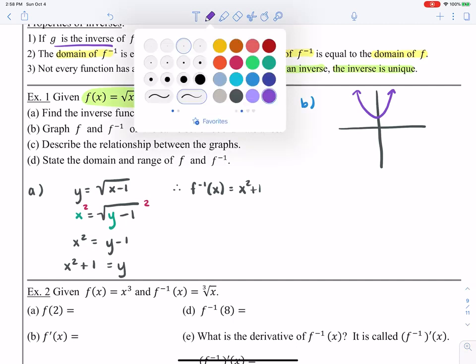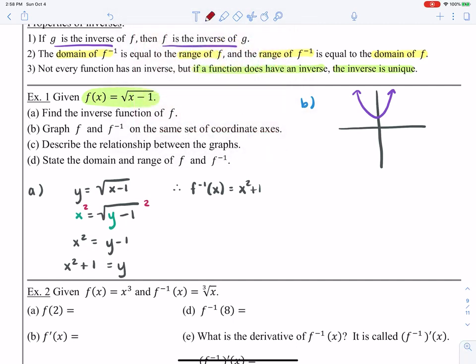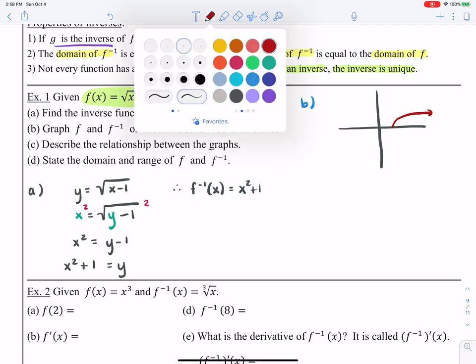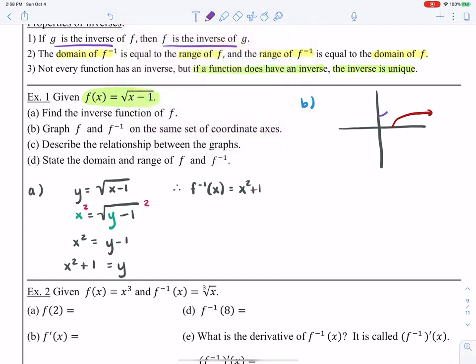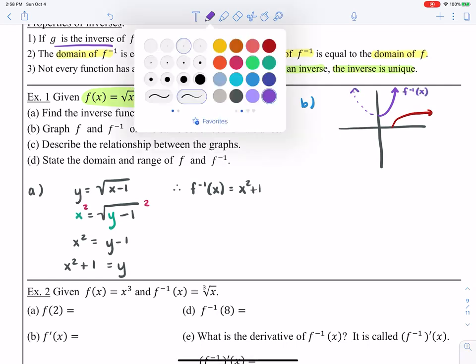And then we know that square root of x minus 1 is the square root function moved to the right 1 unit. And so some interesting things happen because we possibly have some domain restrictions here. So maybe we only need to include half of this parabola, and I'll explain why. Just half of this parabola, and we'll kind of dot this to show this here. And let's label them f inverse of x, and let's label this one f of x.